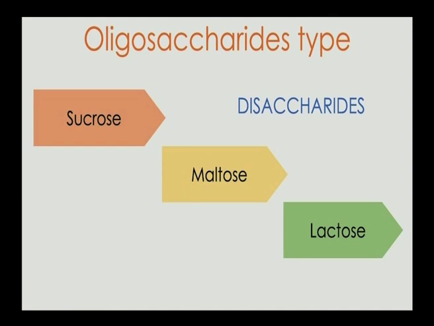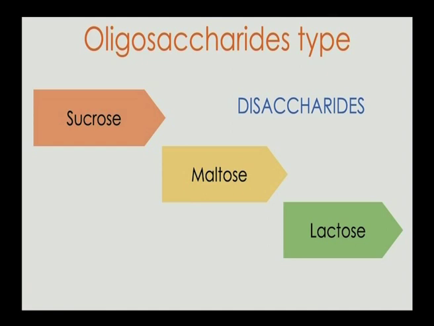Please come back to sucrose. It is also called cane sugar, because it is adequately found in plants like sugarcane, beets, carrots, and fruits. This is the storage carbohydrate of the plants.